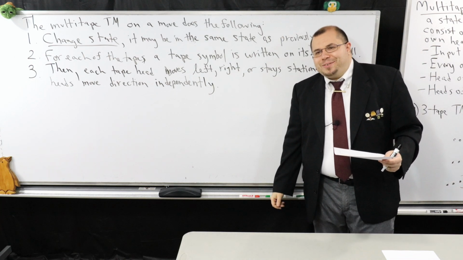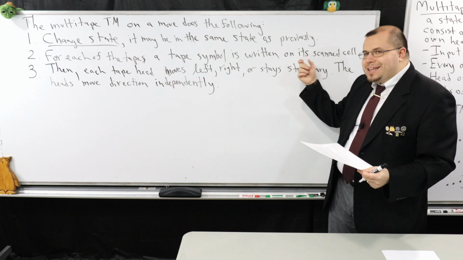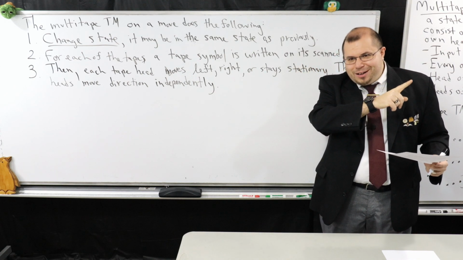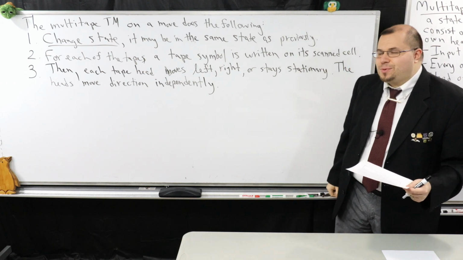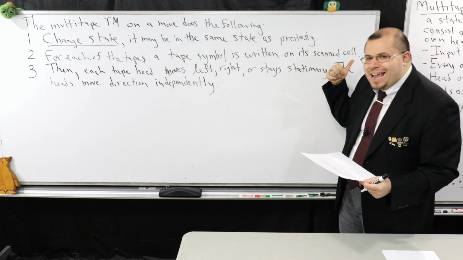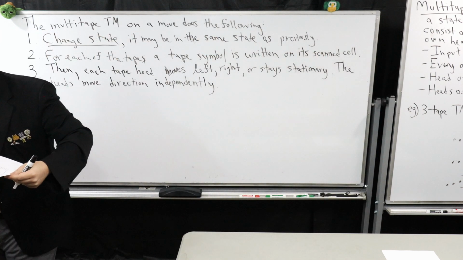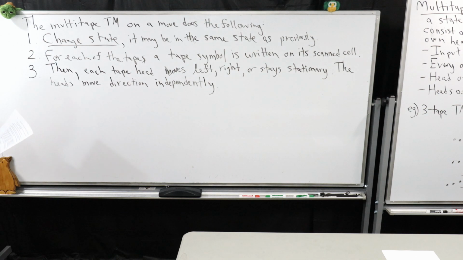Does everybody get that? So every time I need to look at each one of those tape cells for each one of the heads of the tapes, that's why I need to describe to you some K. That's why we have a K when I tell you it's a K-tape Turing machine, right?